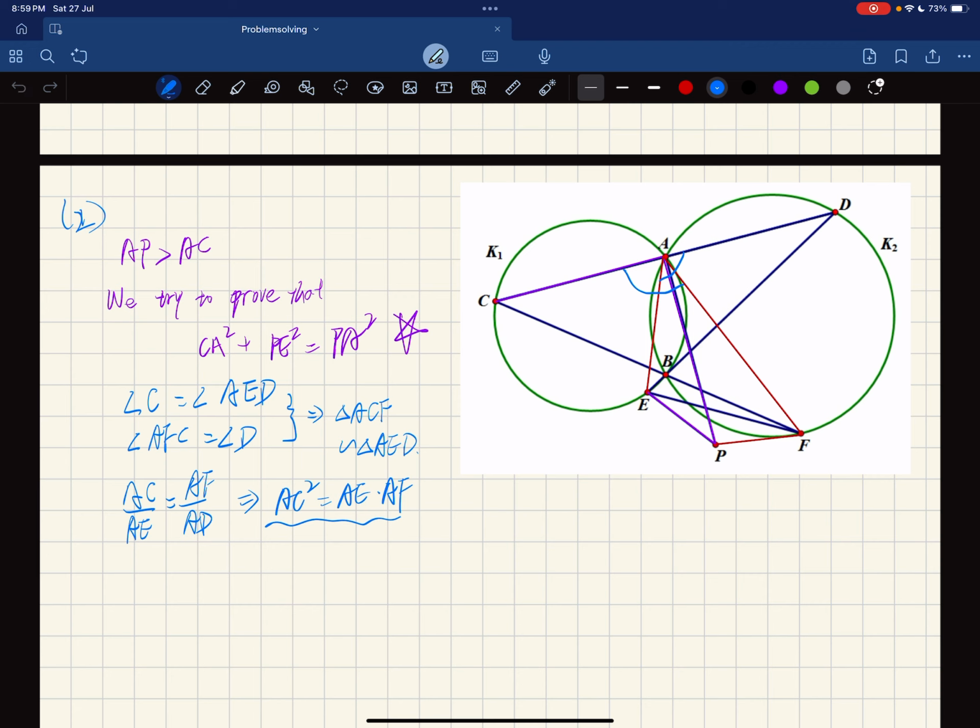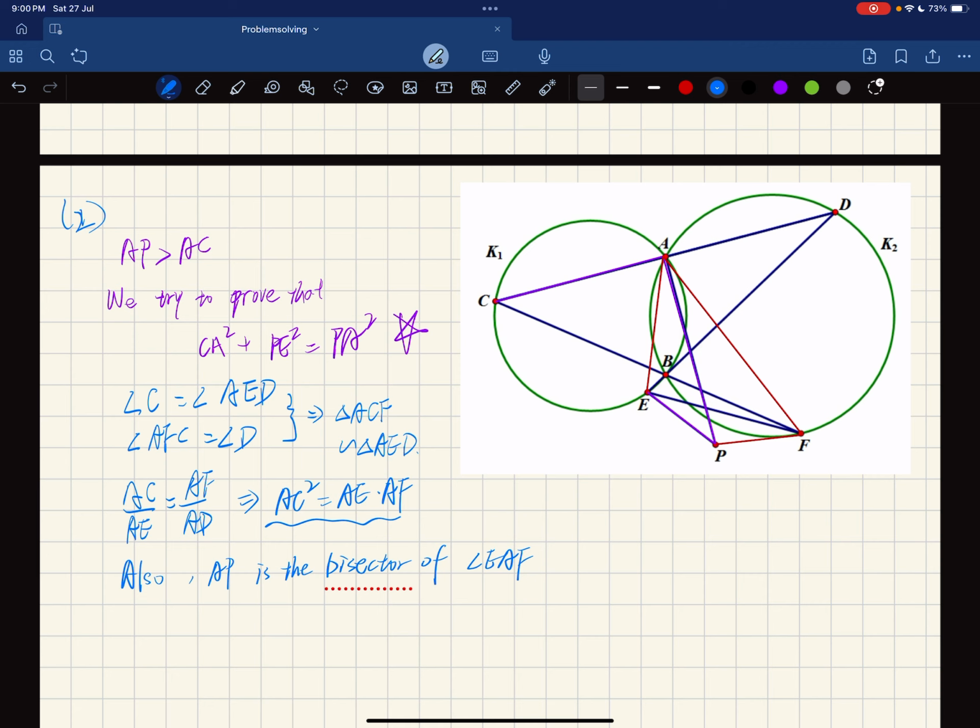We can find out also AP is the bisector of angle EAF. Right.